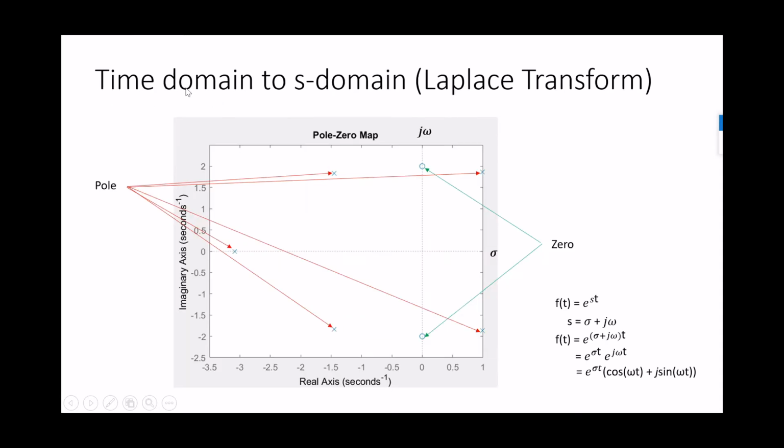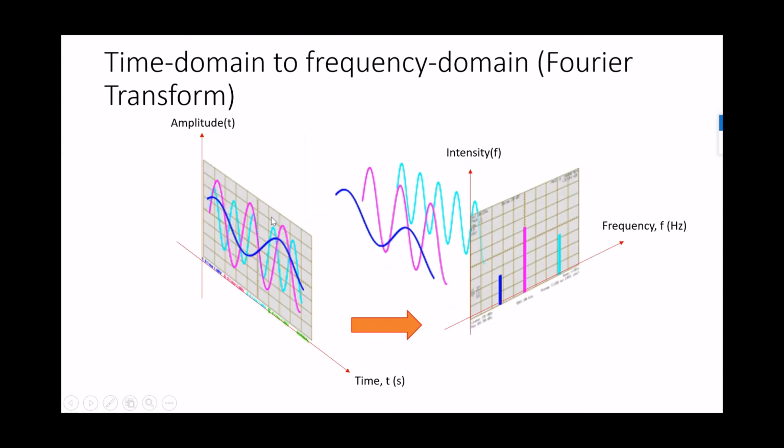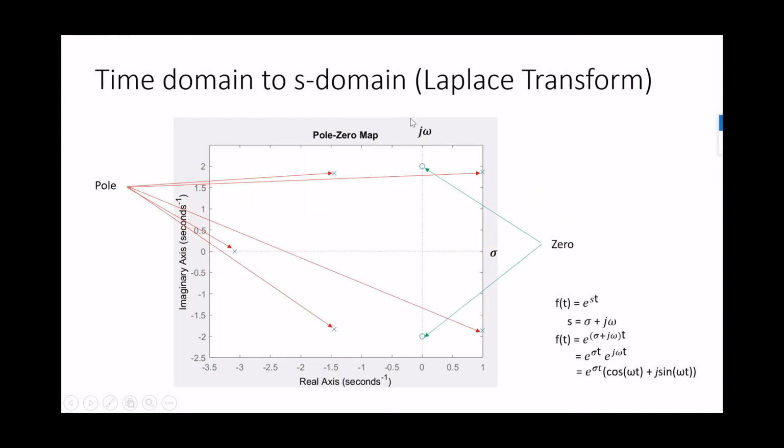But this week we take the time domain signal and convert it to the S domain. S domain means we have a 2D plot. The x-axis is sigma, the small letter sigma, and the y-axis is j omega, the imaginary axis. In this plot we have a few components.